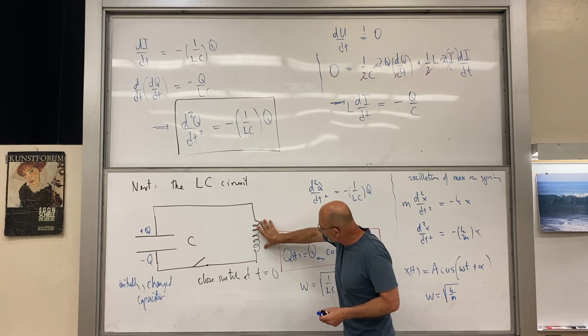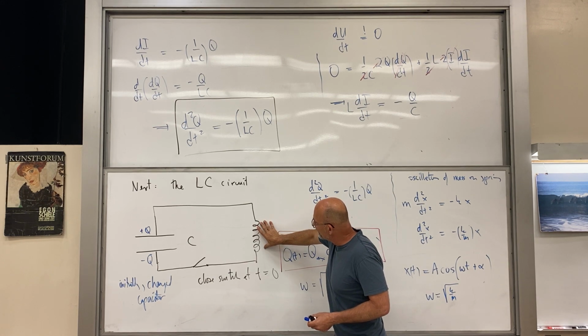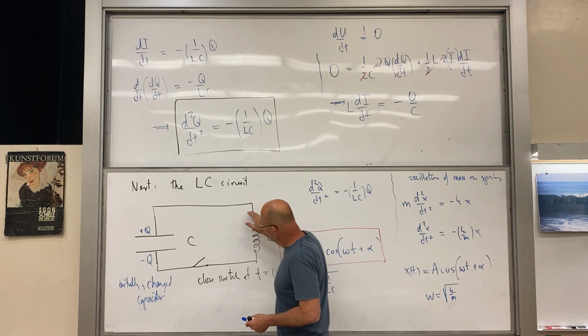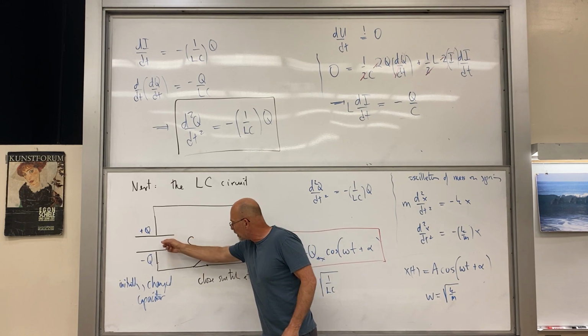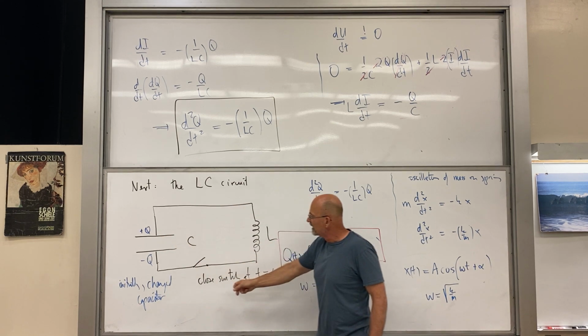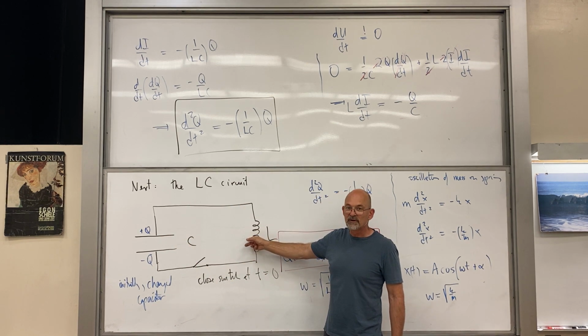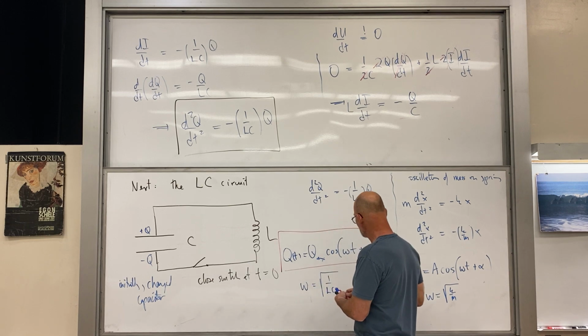So this thing is storing energy and setting up a current back to here. This stored the energy first. What we basically have is the energy going back and forth between the capacitor and the inductor. So we're getting oscillations.